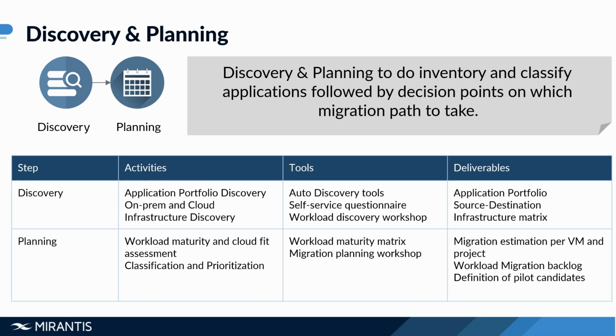And what we also want to have is a workload backlog so that we know actually how many projects or virtual machines we have to migrate. Also, what we encourage our customers to do is to provide us at least three test pilots.